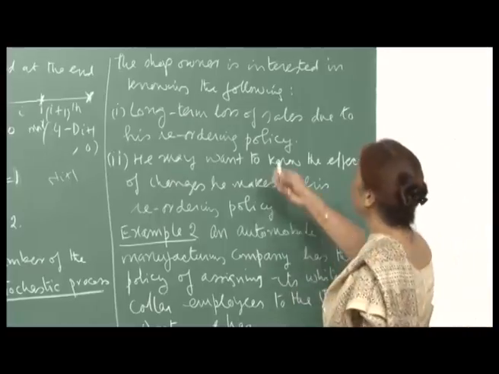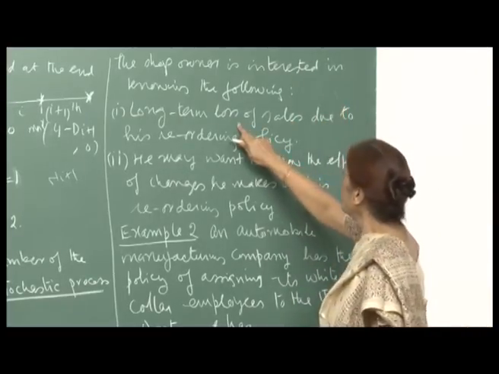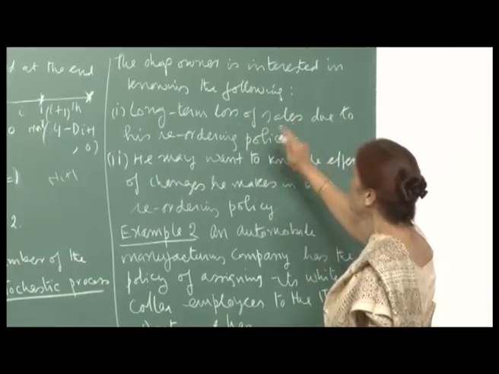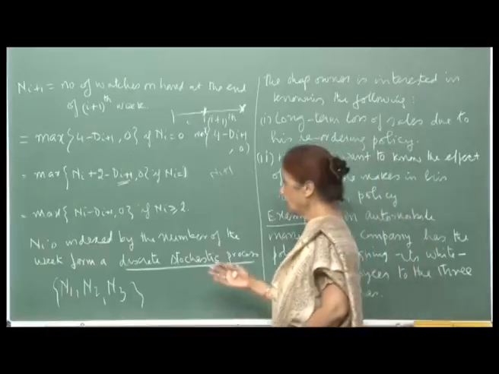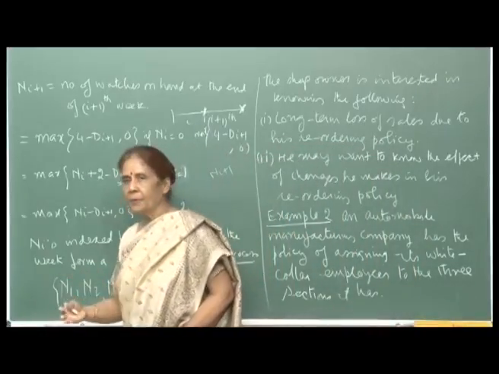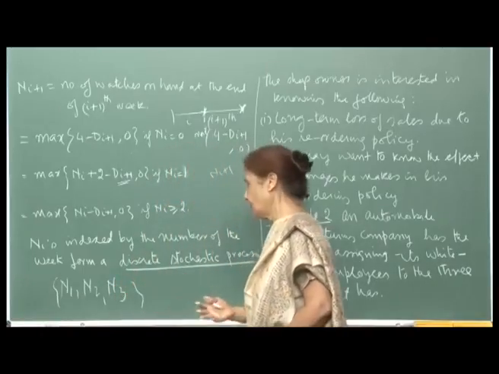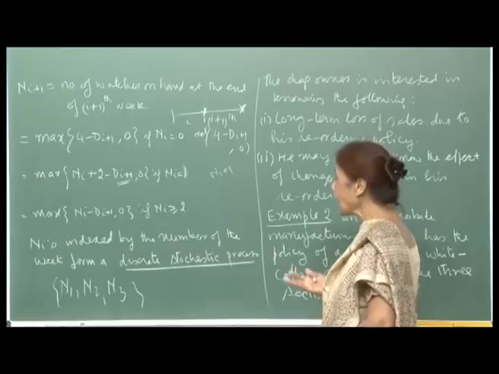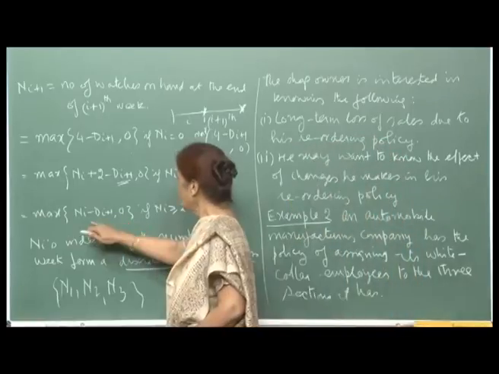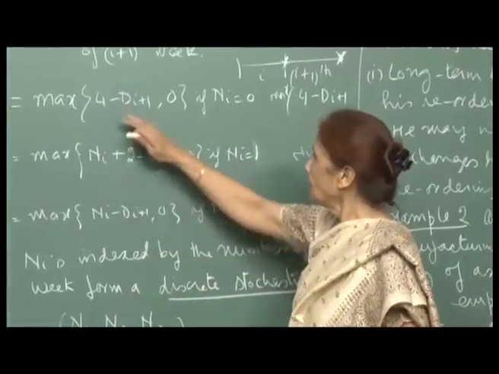So, for example, the shop owner is interested in knowing the following: long term loss of sales due to his reordering policy. You see, because if he can by some mechanism find out what is the sort of estimate, it may not be an exact number, but he can estimate the number of sales that are lost. When this number is negative, that means he is losing out on sales whenever this number is negative.